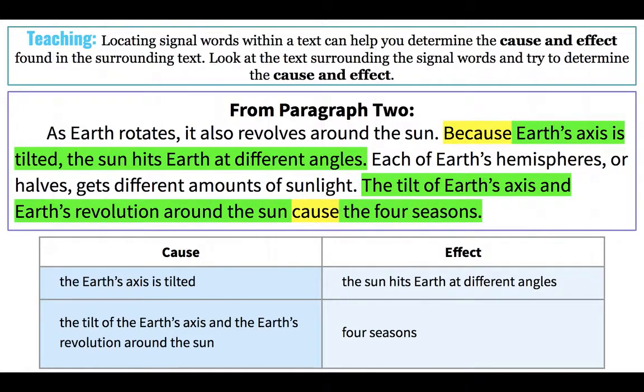I took the clue word because and I realized it was giving me the cause and effect relationship that the Earth's axis is tilting and the effect is that the sun hits Earth at different angles. I noticed that the tilt of the Earth's axis and the Earth's revolution around the sun is what causes the 4 seasons to happen.